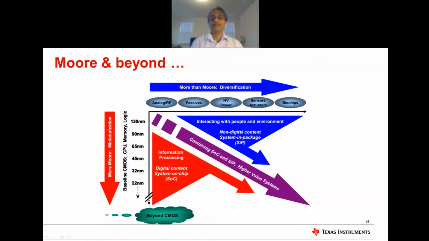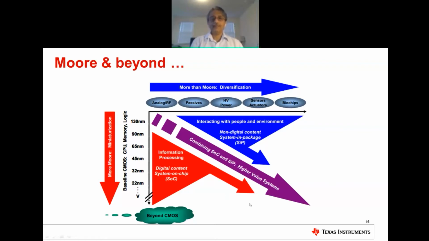And this package level integration, through a system in a package, is another aspect of where this trend is headed, and that allows a heterogeneous integration of multiple technologies that can come together and still be able to get it in the form factor and the cost and the power and the performance that we need, providing this diverse capability from sensing actuations to your analog interfaces to digital processing and memory and so on.